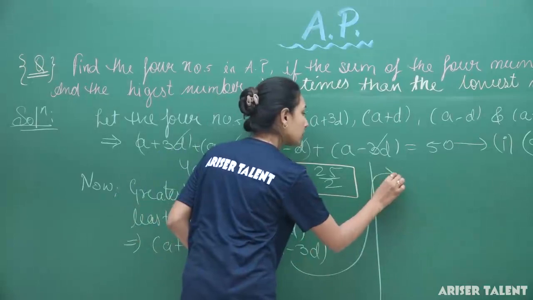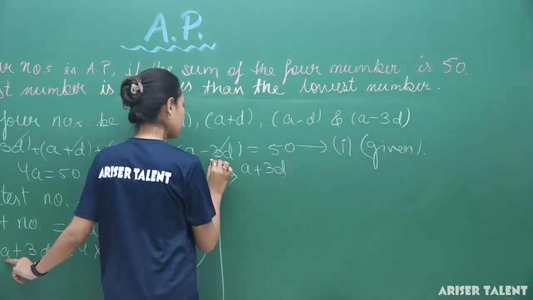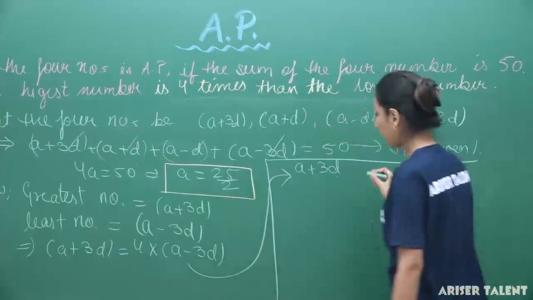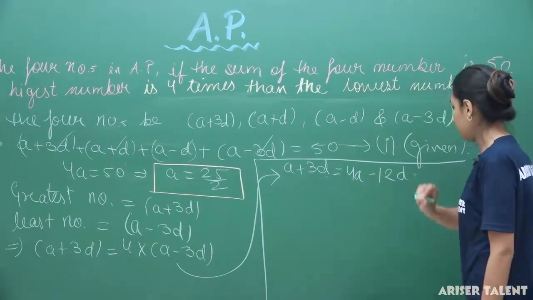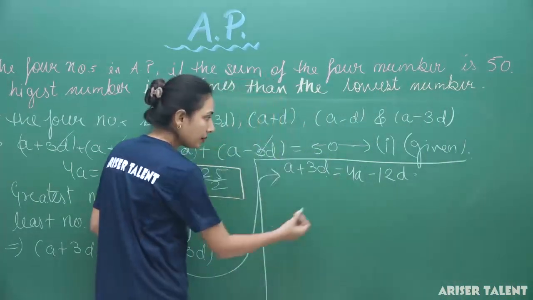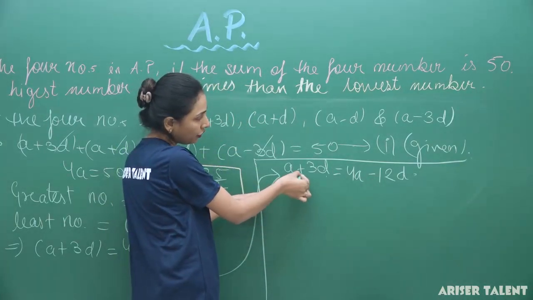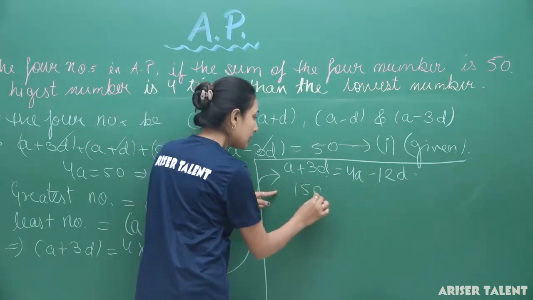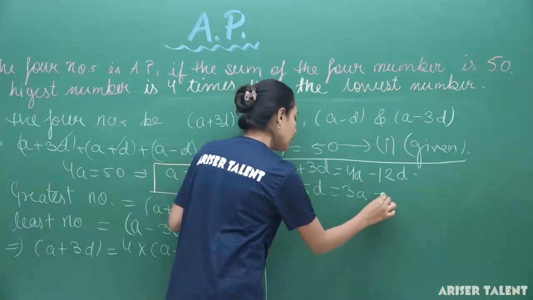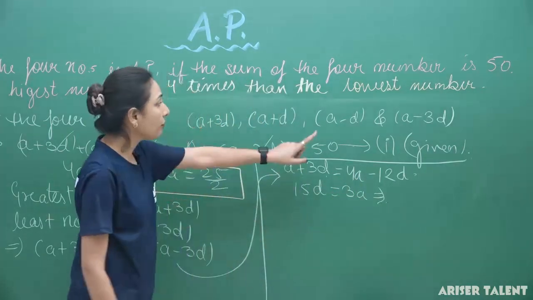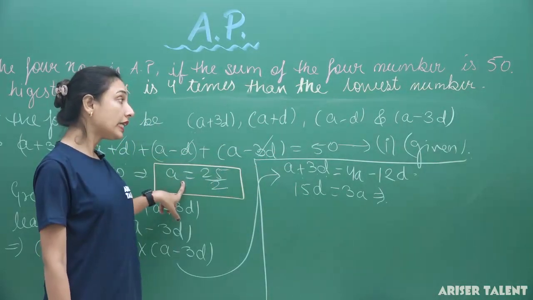So from here we'll have a plus 3d equals 4a minus 12d, right? Here we transpose it: we have 12d plus 3d, that will be 15d, and 4a minus a is 3a. So we have the value of a, and we'll get the value of d from here.